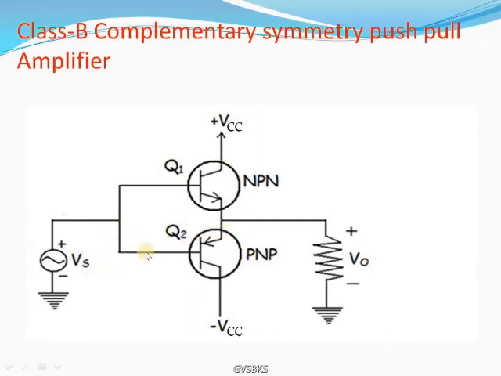During the negative half cycle, Q2 will be on, because the negative half cycle drives the PNP transistor into on state and drives the NPN transistor into off state. So at any time only one transistor is working. That's why this is called complementary symmetry push-pull amplifier. Let us see the operation quickly.